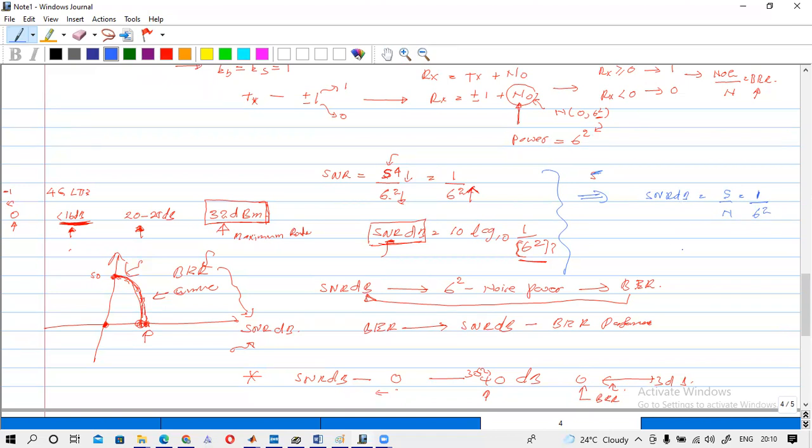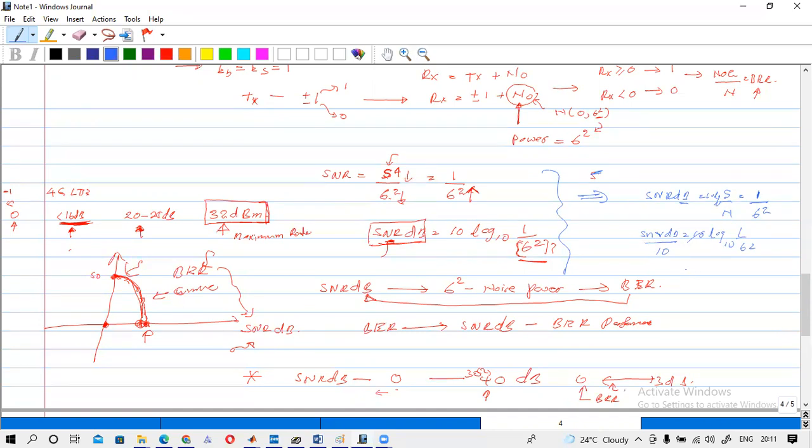So what is sigma? SNR dB means here we are using 10 log 10, so that is the dB value. So SNR dB is equal to 10 log 10 of 1 by sigma square. If I divide this SNR value by 10, this is 10 to the power.